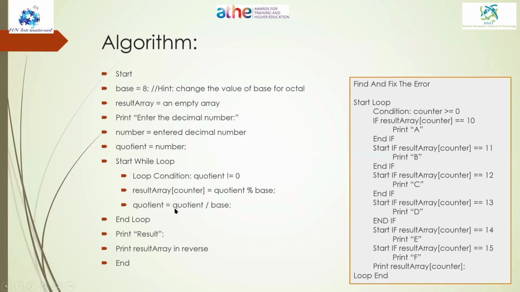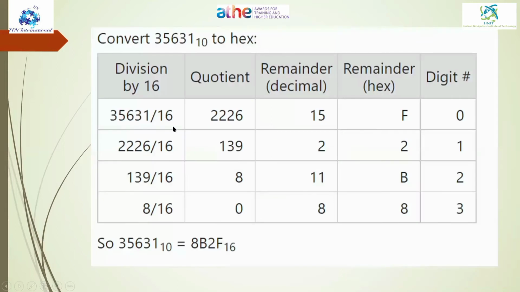We can get the division by this in C, but notice that here we have quotient and this percentage sign. This is not percentage in computer language. This is the modulus operator, which gives you the remainder.